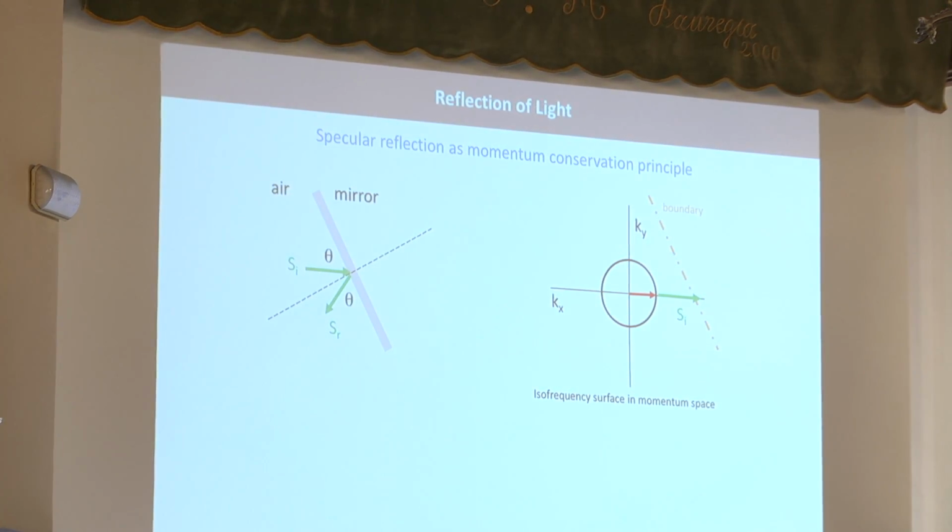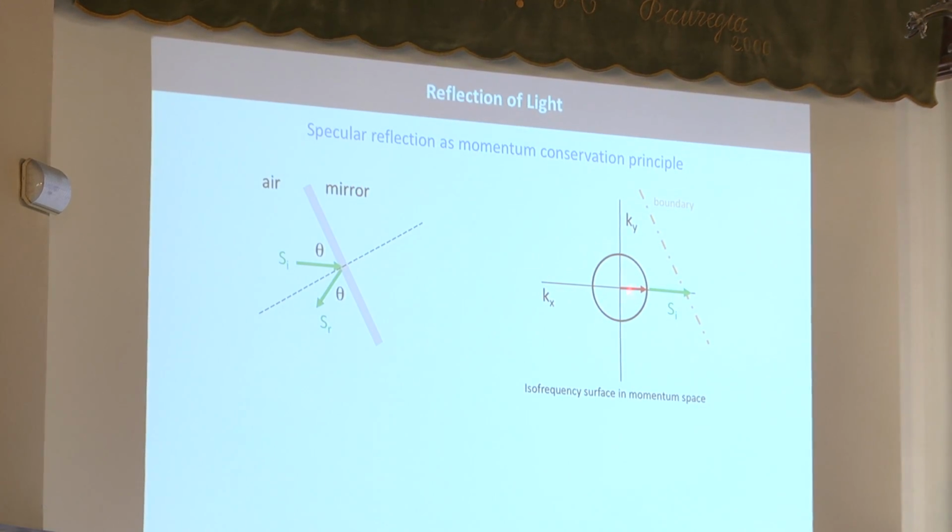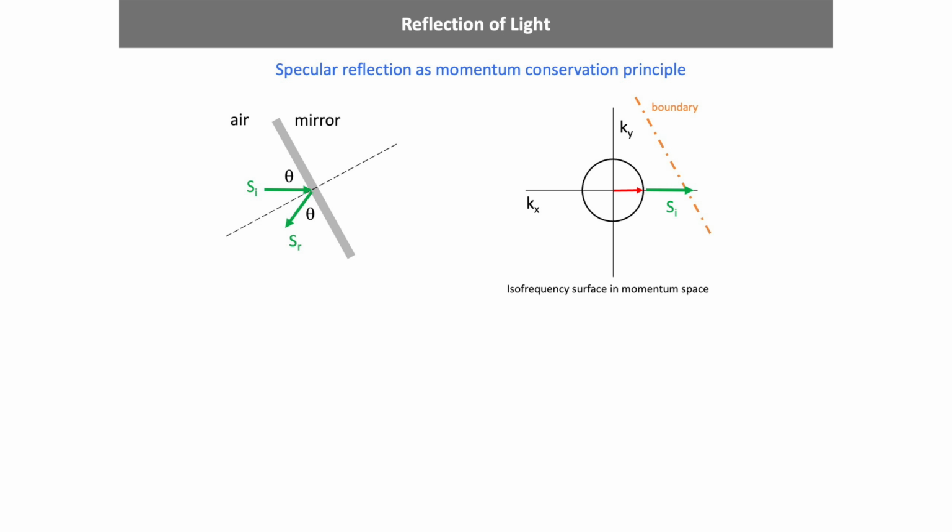If it's an isotropic medium, the isofrequency curve is a circle, as I said. You can have propagation in all directions, and the Poynting vector is perpendicular to the isofrequency curve, so we have K and S, the Poynting vector, the energy, collinear. How do we do momentum conservation here? We need to put in the boundary, because the momentum conservation has to hold at the mirror, at the boundary. This is the condition, at the interface where the wave comes in.